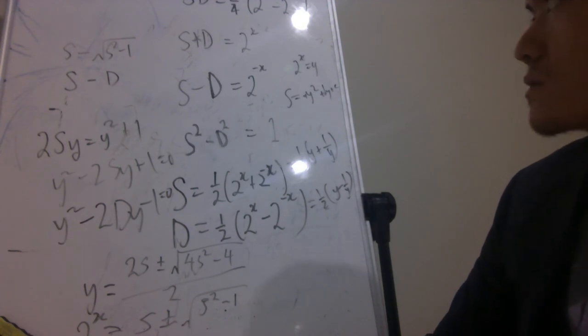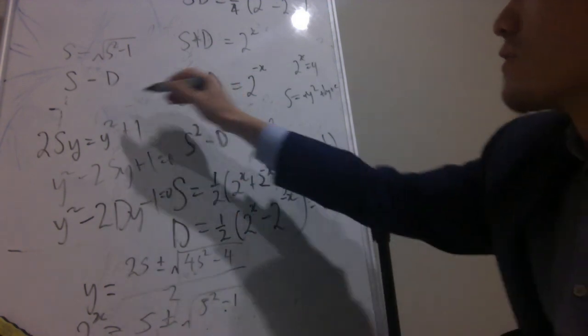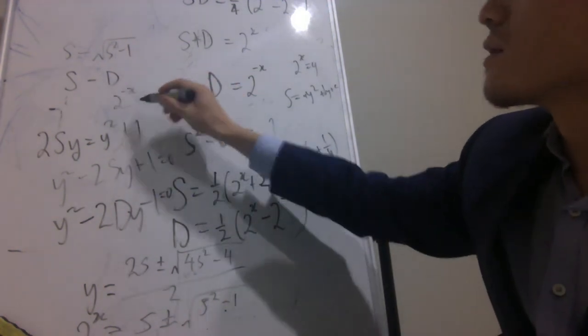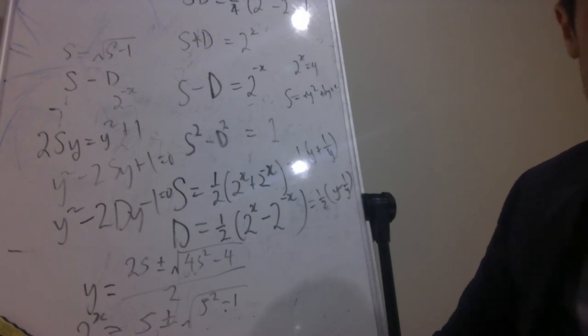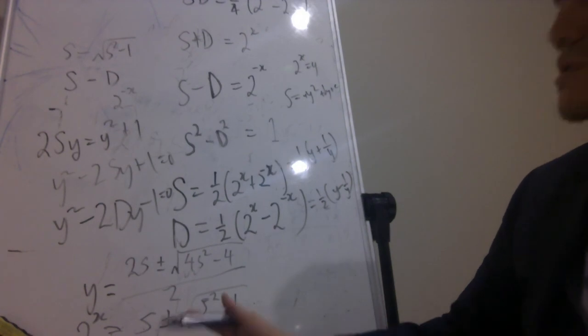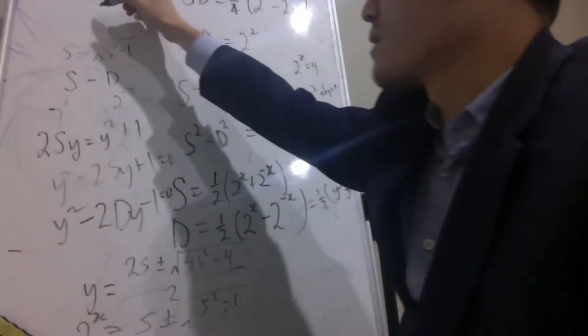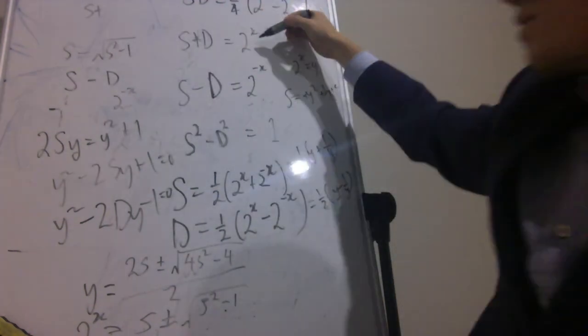So basically what we're trying to say is, 2 to the power of negative x, if x is greater than 1, is always less than 2, yeah? So that has to be excluded. So it can only be s plus, so s plus d is 2 to the x.